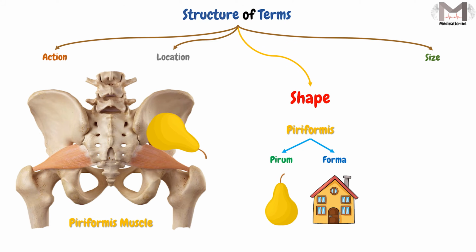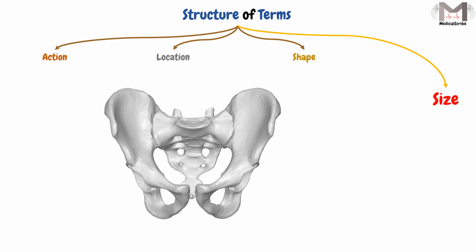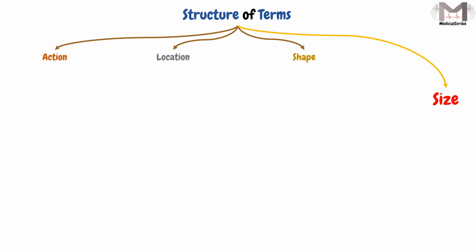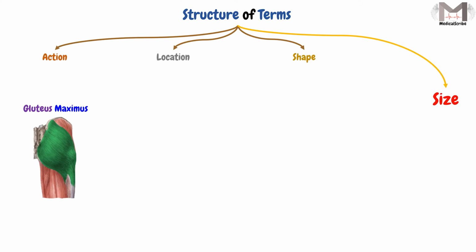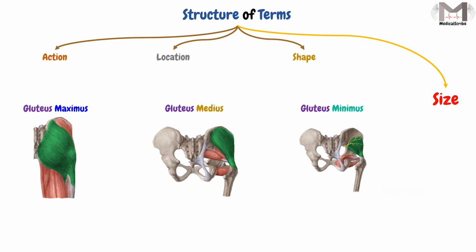Okay. Regarding the size, in the pelvis, precisely in the gluteal region, we have three muscles, which are the gluteus maximus, the gluteus medius, and the gluteus minimus. If we separate these terms, we have gluteus, which doesn't matter here because it indicates the location of the muscle, which is in the gluteal region as we said.